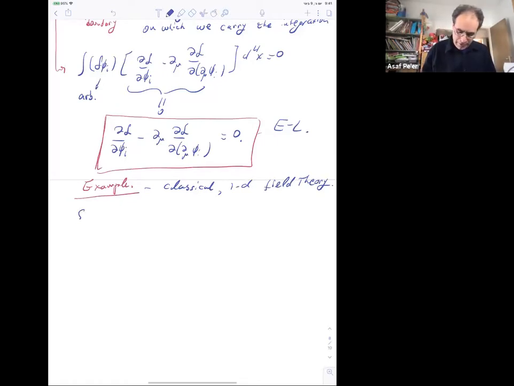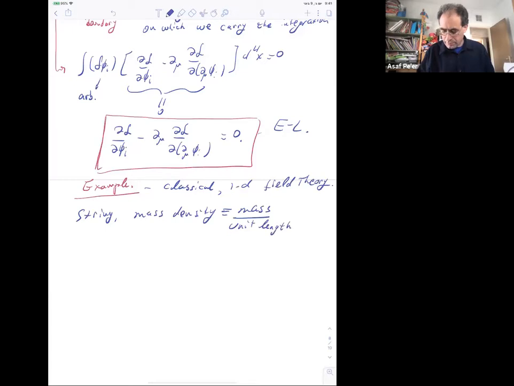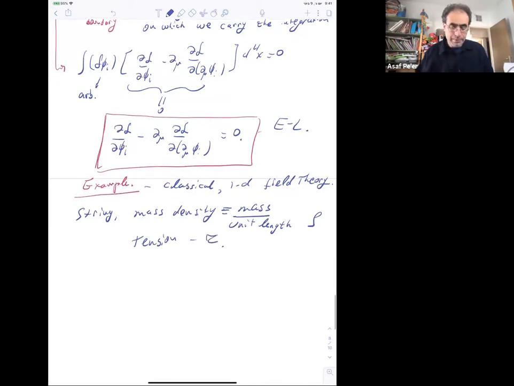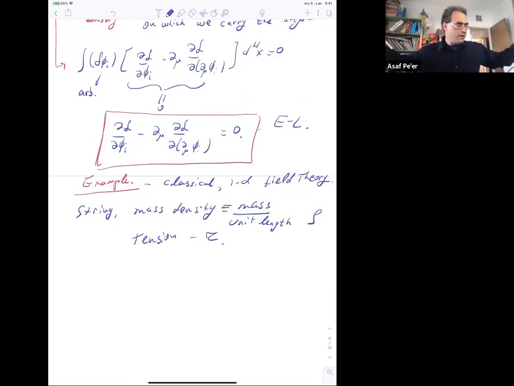So think of a string of mass density, which is just the mass per unit length. Call it rho, and the tension, call it tau. And so I have a string here. And I am slightly changing the string.